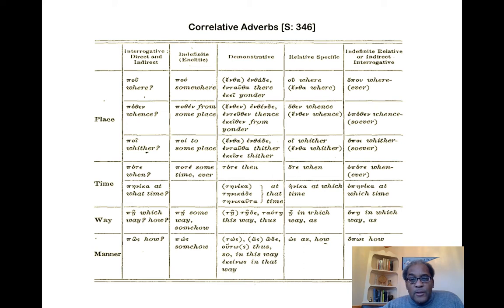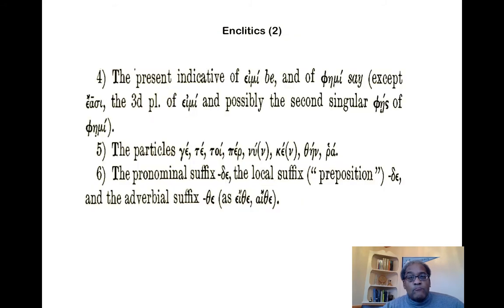Because although this chart is kind of intimidating to look at, it's a great aid because you'll see these tiny little words on any page of Greek that you read. Okay?